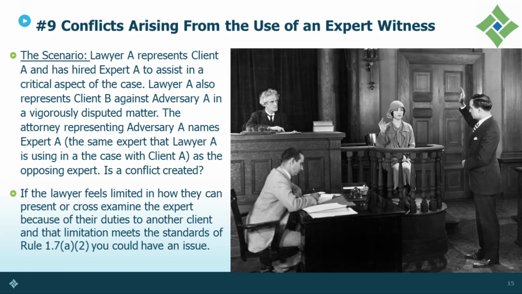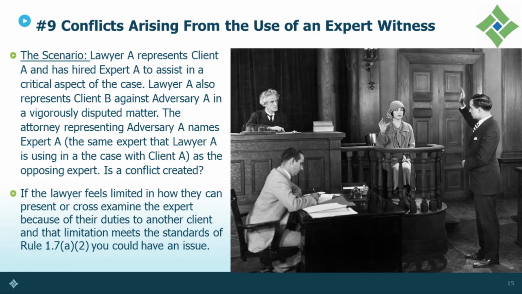To state the rule yet again, like you said, I think this scenario is going to be very fact-specific, so it's difficult to give a blanket answer. And presumably the expert would have notified the other side of his or her association with the first lawyer.